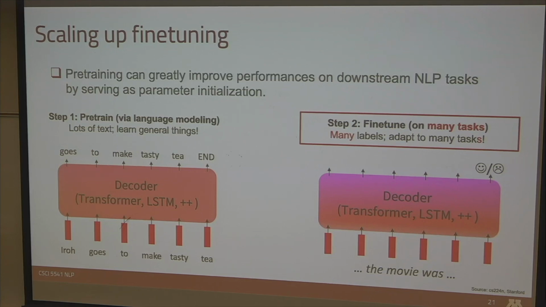So not just sentiment classification, but also reading comprehension, natural language inference, etc. Now we will be fine-tuning on a diverse set of tasks, so the number of labels to consider is a lot more than in standard fine-tuning. But essentially the approach is the same. It's just pre-train and then fine-tune.